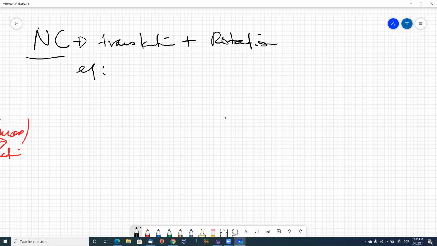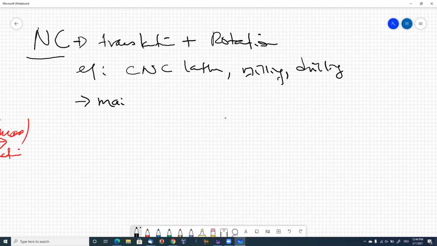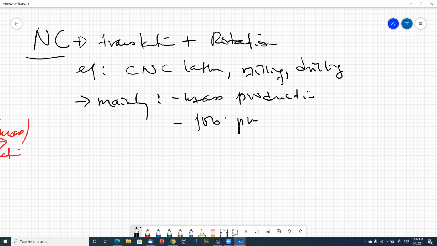Typical machine tools could be the CNC lathe, milling, or drilling. They are mainly for mass production, or for job production.